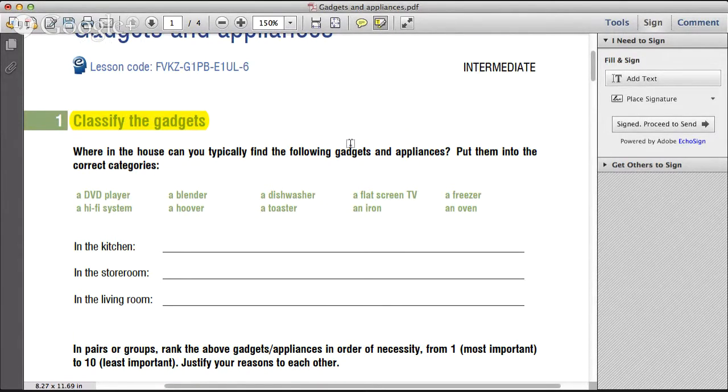All our gadgets that we'll be talking about are right here, and we'll need to place them in the different rooms where you would find them.